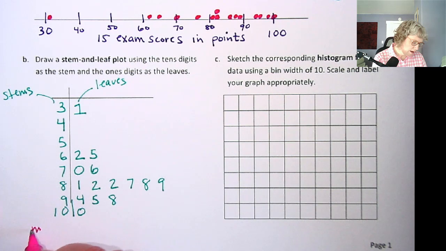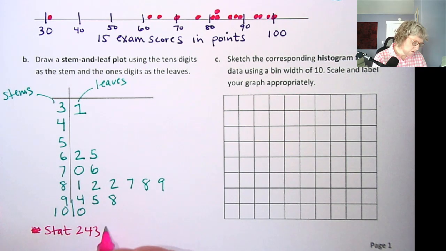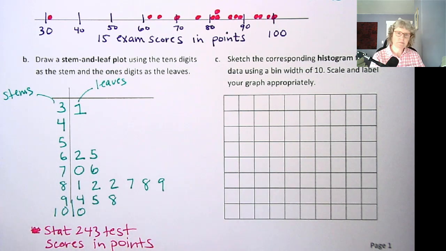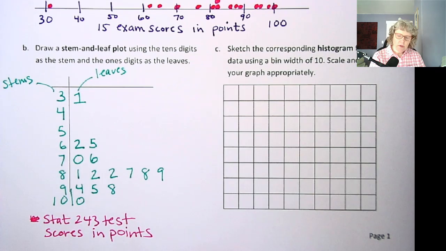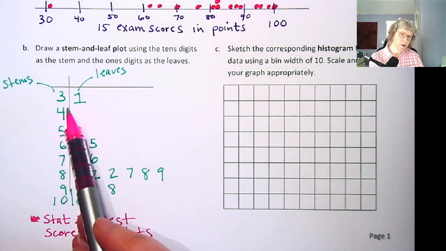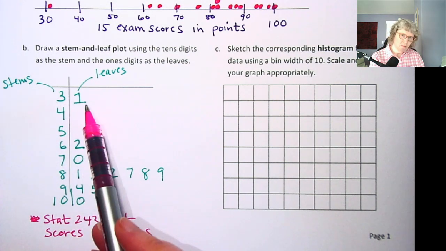Stat 243 test scores in points. Okay. Now, also, it's nice to make a little key on this because is this 3.1 or 31 or 0.31?